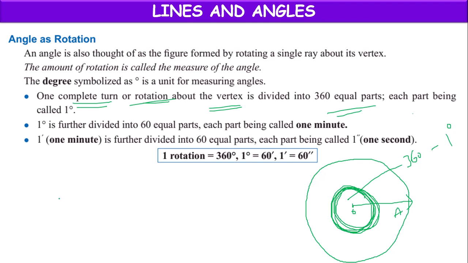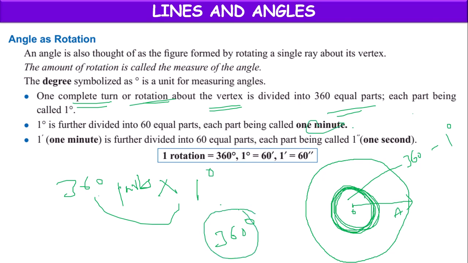So altogether, one complete turn will have a value of 360 times 1, that is 360 degrees. So 360 degrees is the measurement of one complete angle, the measurement of one complete rotation.